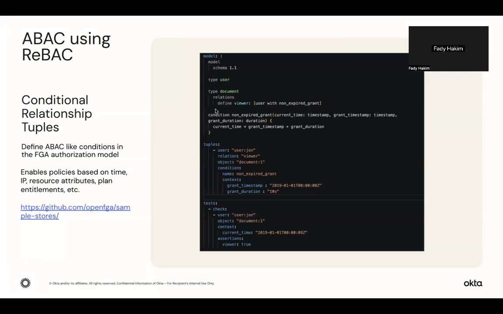And that condition, you can write it here, where in this condition, I define that they can only access it during a specific time. So if that condition is not met, that means this user has no relationship to this document, so they cannot access the document. All right.